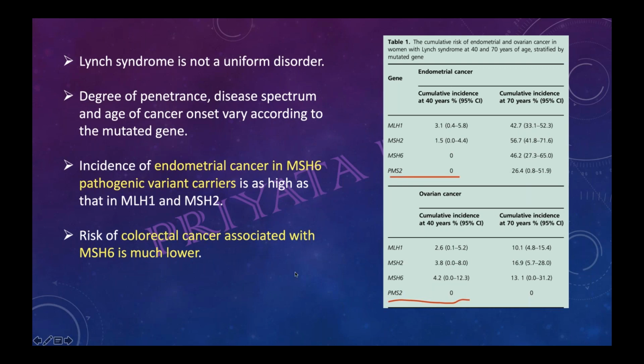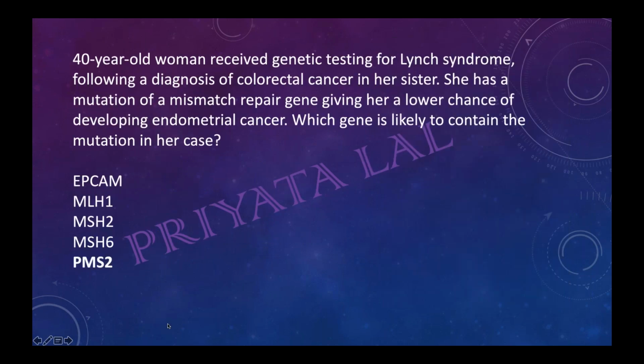So why I'm speaking about that, because this is a question from the strategy question bank. In this question, what they say is a 40 year old woman has genetic testing done for Lynch syndrome because her sister has colorectal cancer. Now she has a mutation of an MMR gene that gives her lower chances of endometrial cancer.